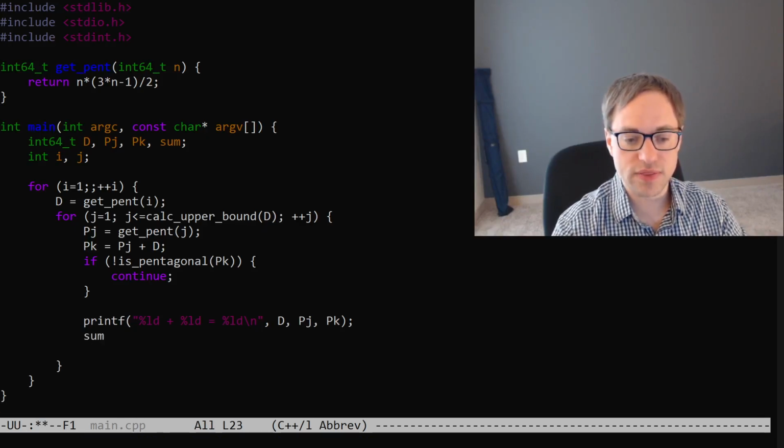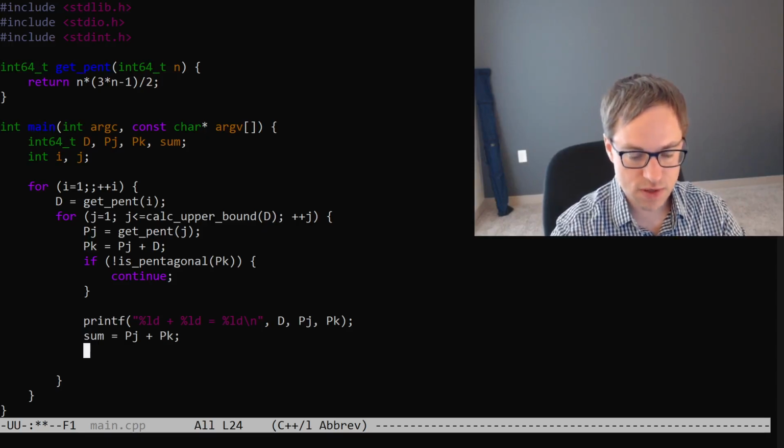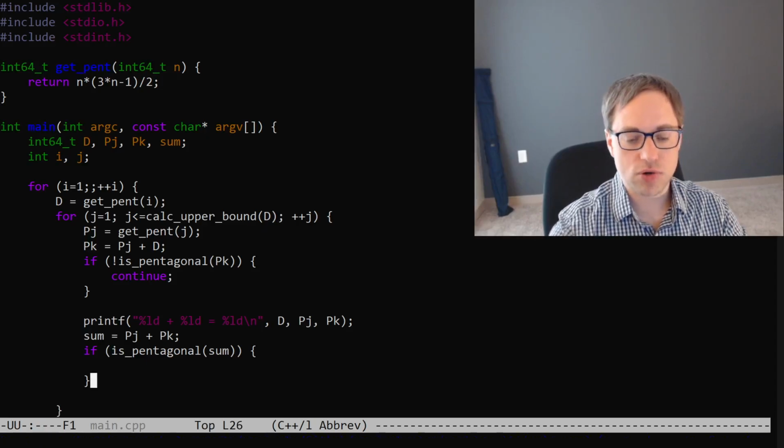Then we'll calculate the sum of p sub j and p sub k and check to see if that is pentagonal. So we'll say if is pentagonal sum, then we have our solution.